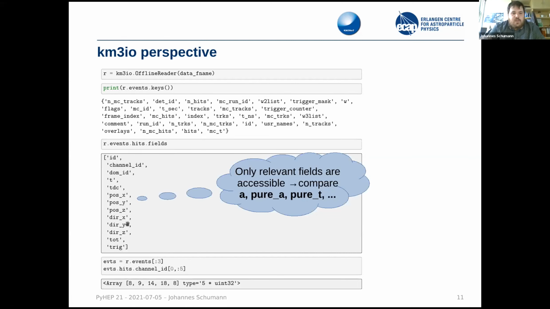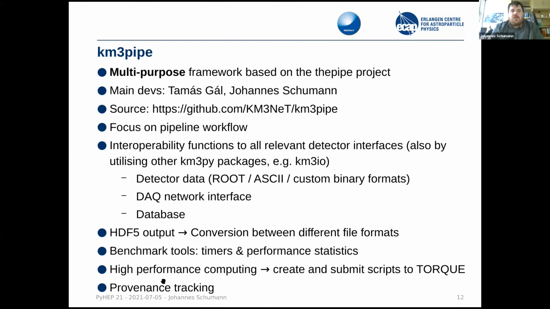When I print out the fields, you see that the fields I talked about two slides ago, like the amplitude or the pure amplitude, are not given here because it's a simulation file. And then again here I can access the data, as I did also for Uproot, or I tried to. From that on, we have access to the data.